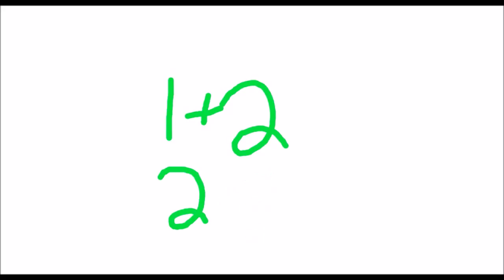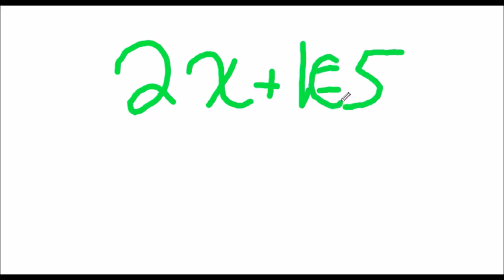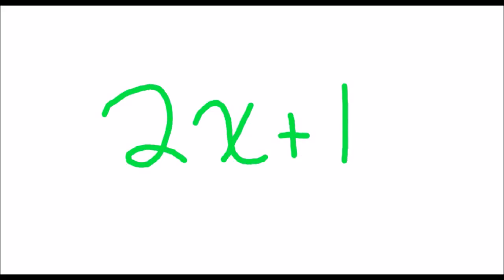The big difference is that an equation has an equal sign, an expression doesn't. So 2x plus 1 equals 5 would be an equation because it has this equal sign. But just 2x plus 1 is an expression because there's no equal sign there.